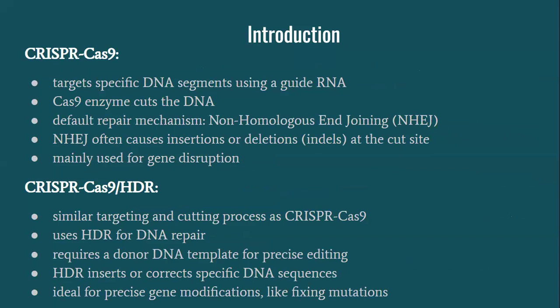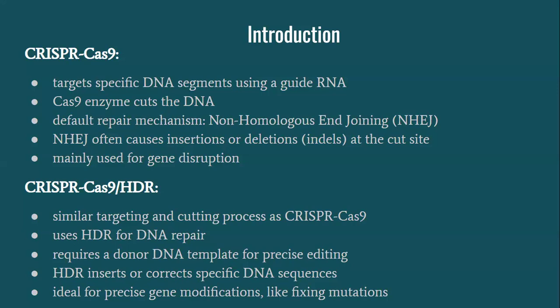In CRISPR-Cas9 with non-homologous end joining, the default repair mechanism is used, which is normally found inside our human body as well. And this NHEJ can often cause insertions or deletions at the cut site and is mainly used for gene disruption. However, the newer model, CRISPR-Cas9 HDR, requires something extra.